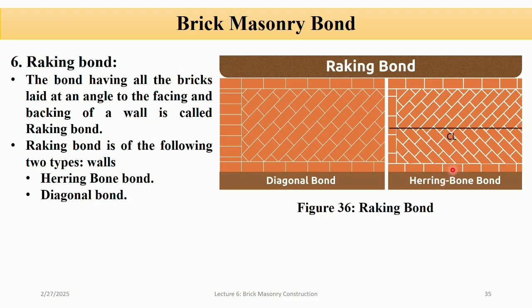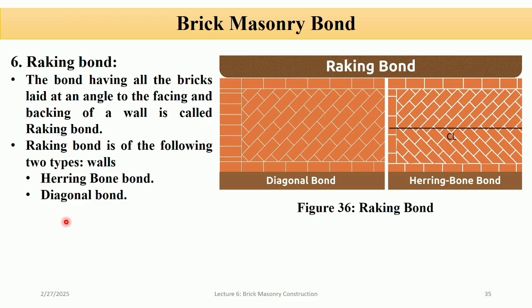You can see in the picture this is the herringbone bond, and the herringbone bond can be defined as the racking bond having bricks laid at an angle of 45 degrees, starting from the center line and proceeding towards the facing and backing of the wall. This type of bond is used for hearting walls having thickness more than 4 bricks.